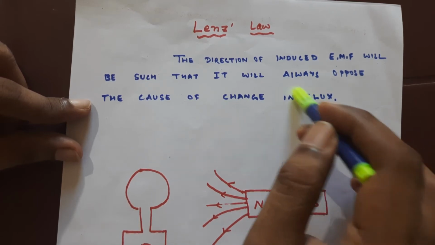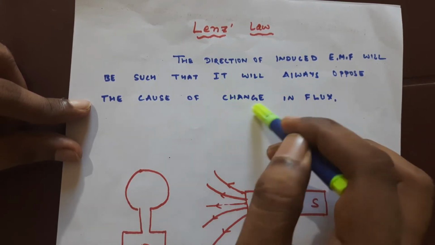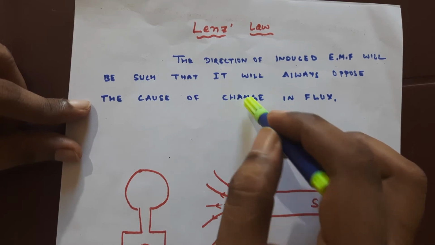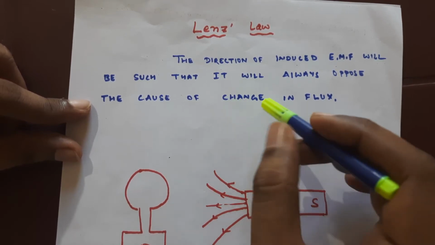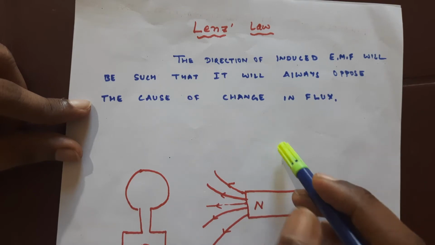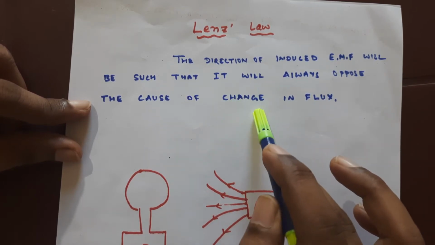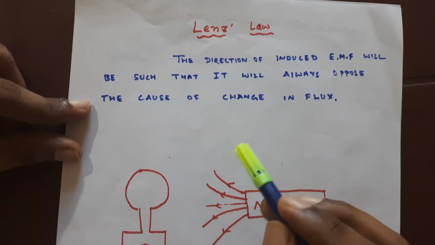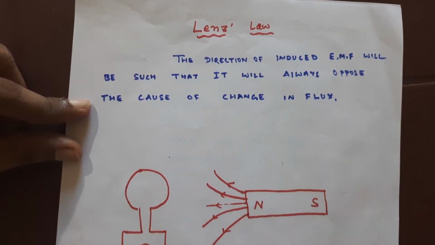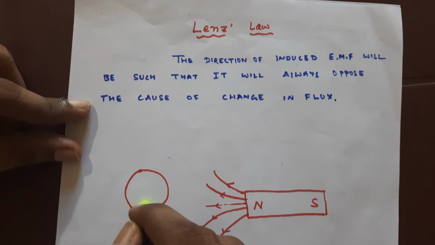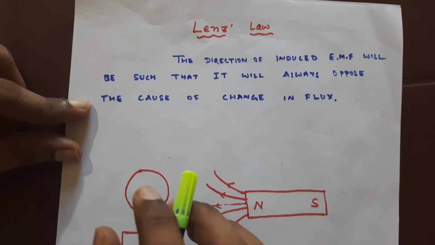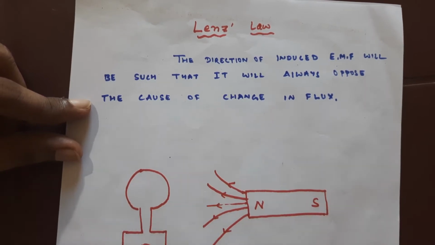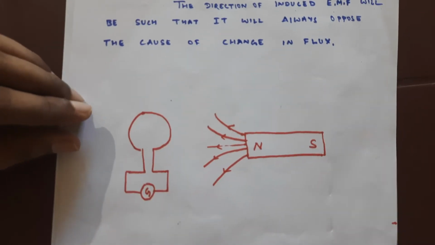It means that the condition due to which there is a change in magnetic flux will be tried to be changed by the induced current. So the direction of the induced current will be in such a way that it will oppose the cause. So how? Let us see.